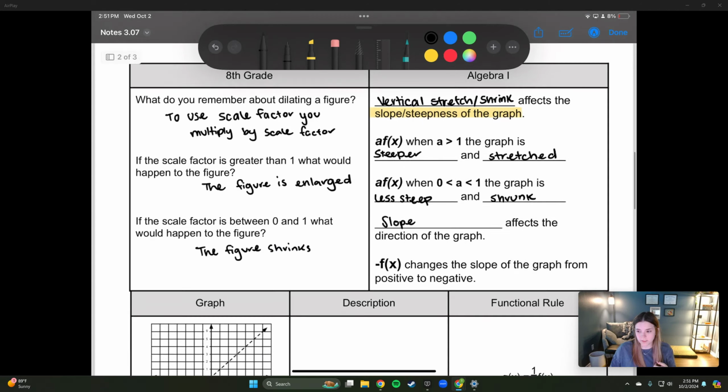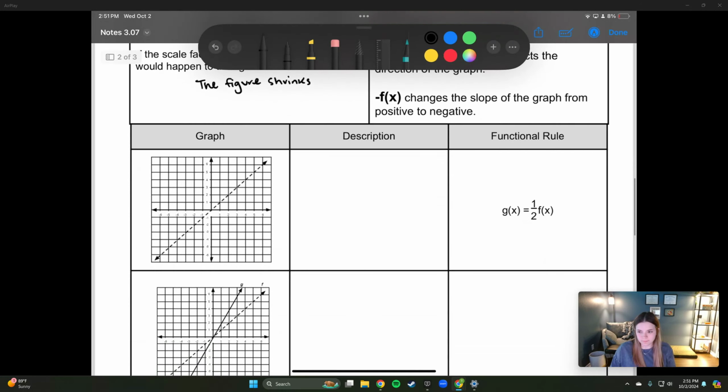Okay, so again, let's look at some examples together. Take a look at this first one, g of x, the new graph being created. What happened to the old graph, f, is that we multiplied it by 1 over 2. Is 1 over 2 greater than or less than 1? Less than.